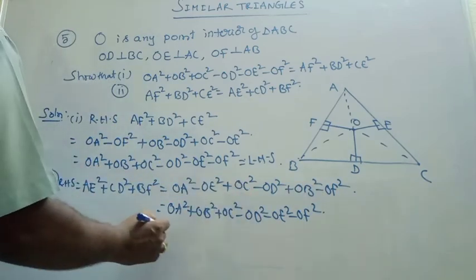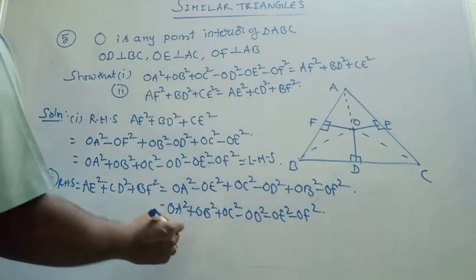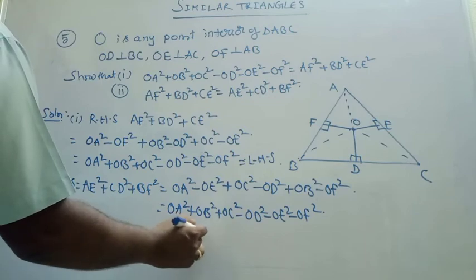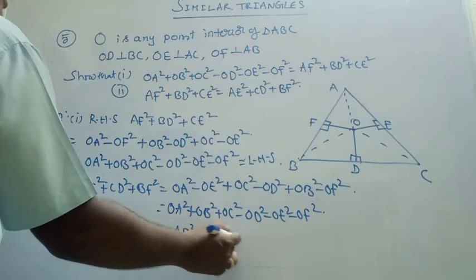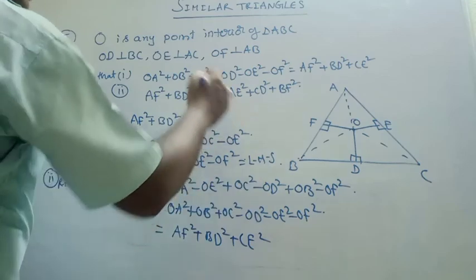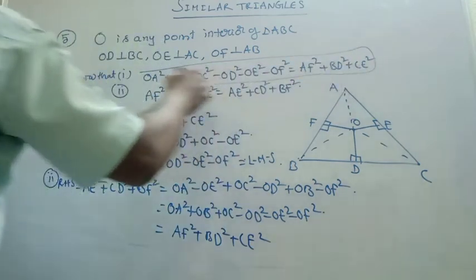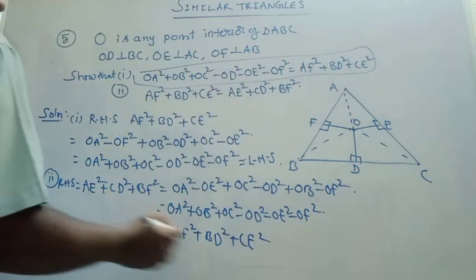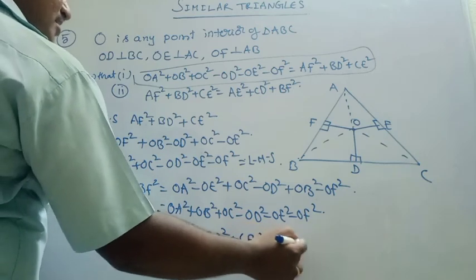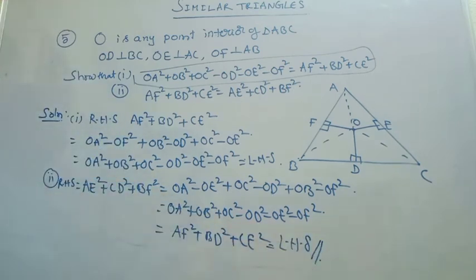This is the same as what we have proved now, AF square plus BD square plus CE square. That is what we proved. Therefore, you have taken the right hand side and got the left hand side very beautifully. My dear students, in this way you will be doing this particular problem.